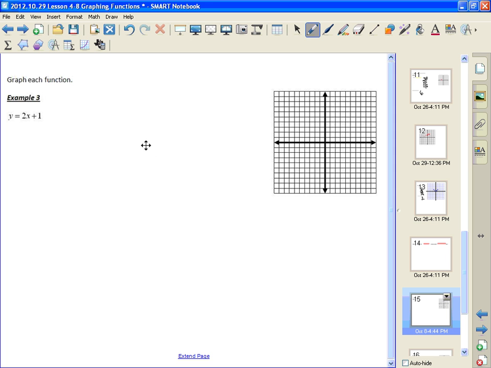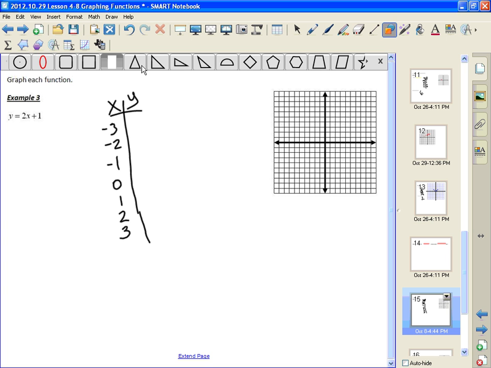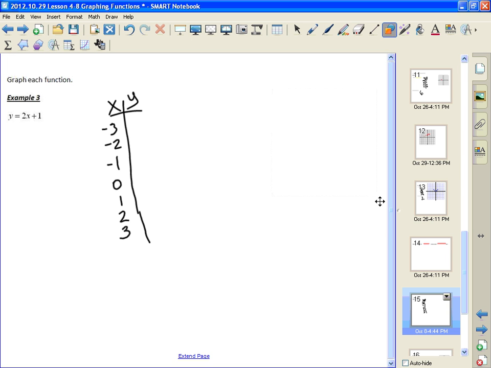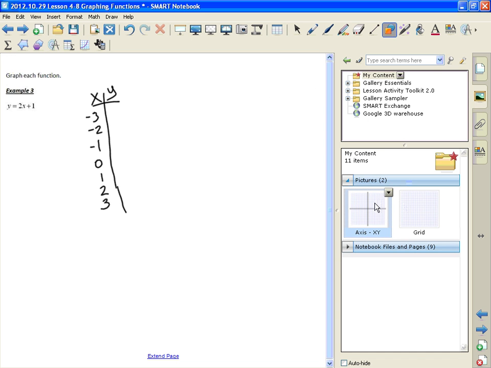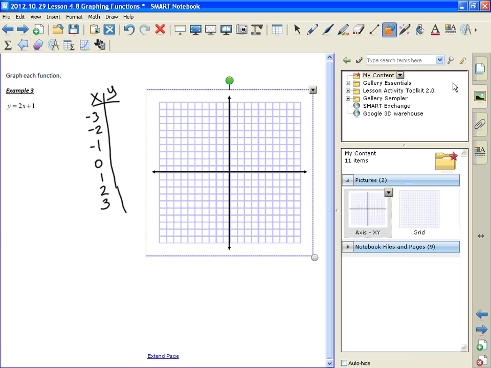So if it doesn't specify, then you should do like this: -3, -2, -1, 0, 1, 2, 3. So if it doesn't give you numbers, those are the ones that you should choose. And then to get your y values, you're just going to put the function in your calculator and see what the y values are.